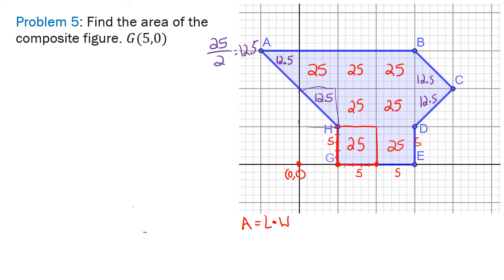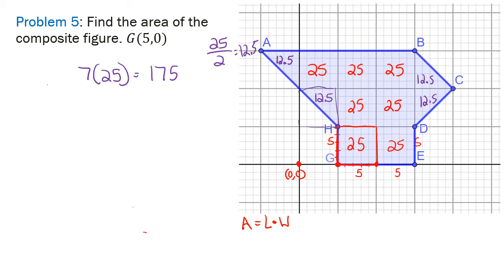To make it a little easier so you don't have to do so much typing into your calculator, we're going to count up how many 25s we have. We have 1, 2, 3, 4, 5, 6, 7. We have 7 25s. We're going to multiply, and 7 times 25 is 175.